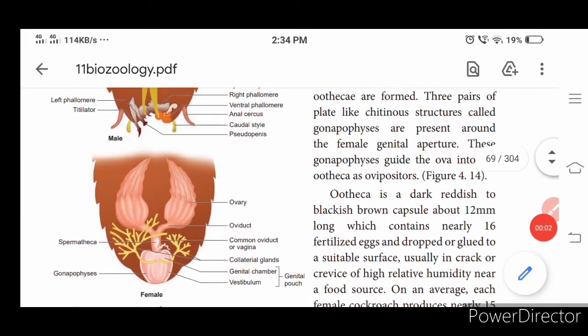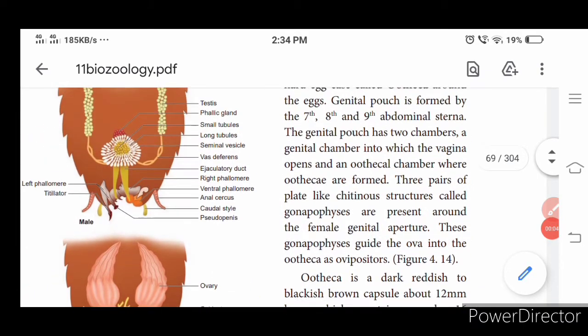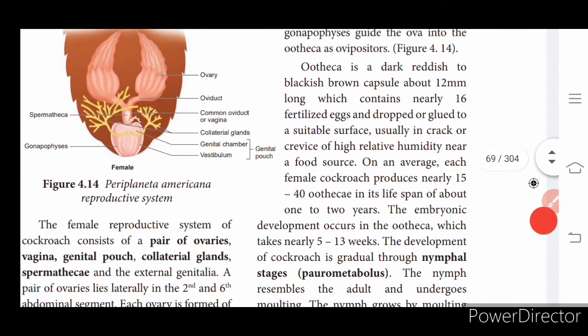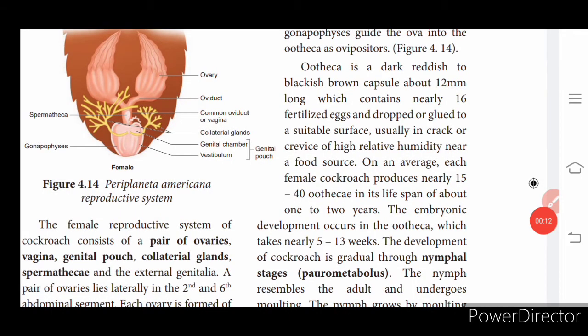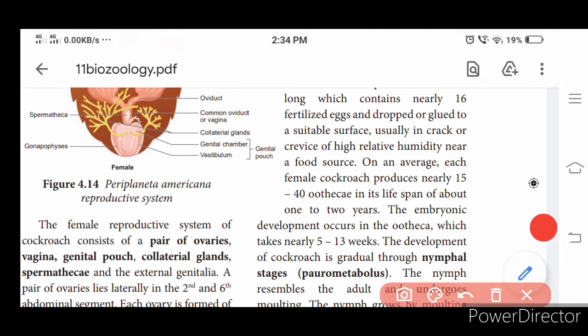Here you should know what is ootheca. It is a sac-like structure, dark red to blackish brown capsule of about 12 millimeter in size, and it contains about 16 fertilized eggs.